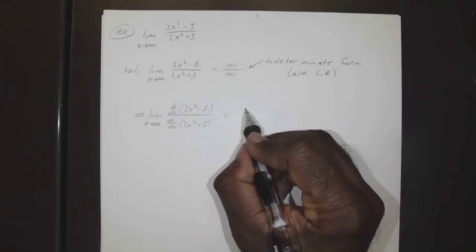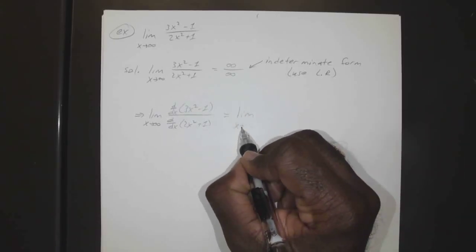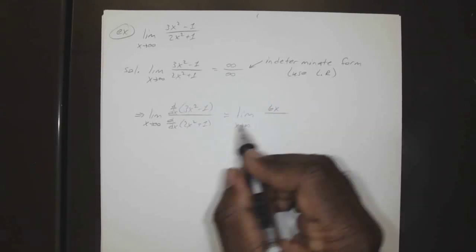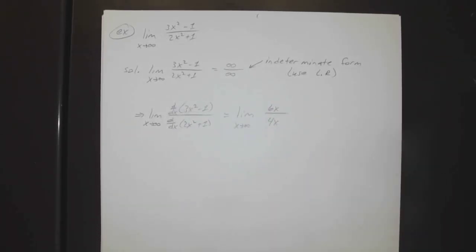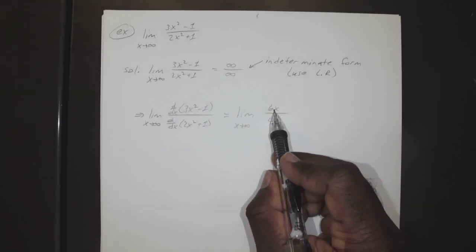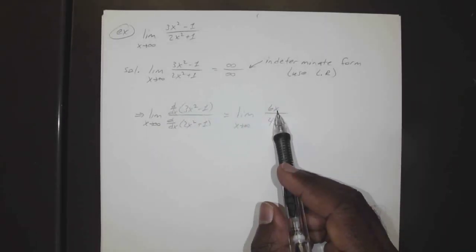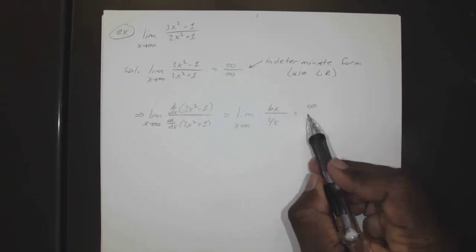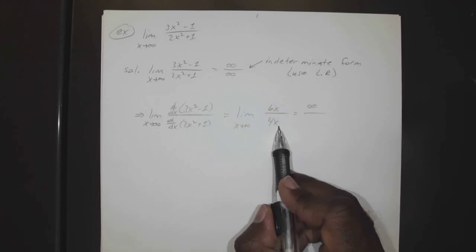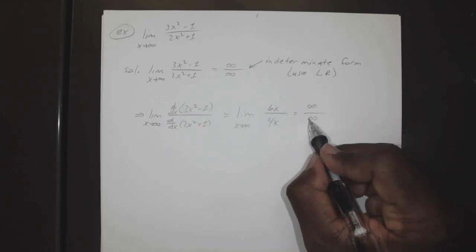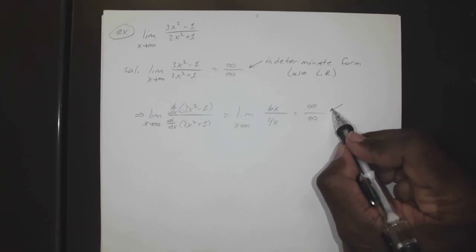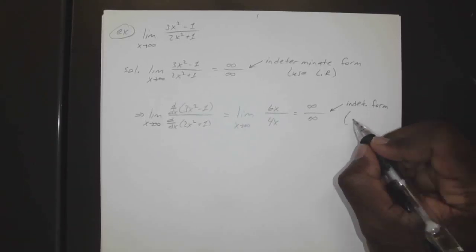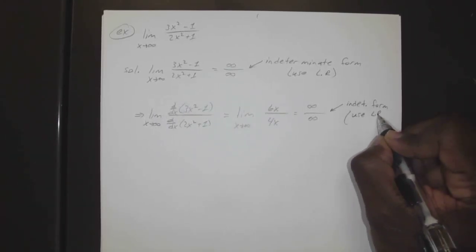That's going to equal the limit as x approaches infinity of 6x over 4x. Again, if you plug in infinity, as x gets bigger and bigger, your numerator gets bigger and bigger, and your denominator keeps getting bigger, which gave us another indeterminate form, which means we use L'Hopital's rule again.